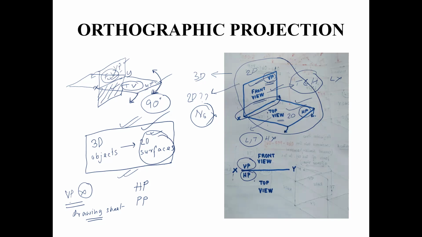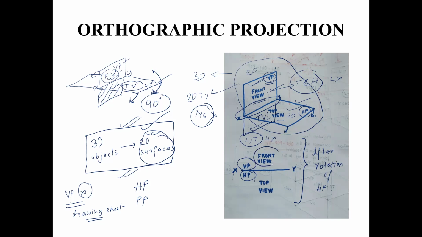So this situation that you are seeing here is the situation after rotation of the horizontal plane. After rotation, it will come and lie below the vertical plane with the top view in it.